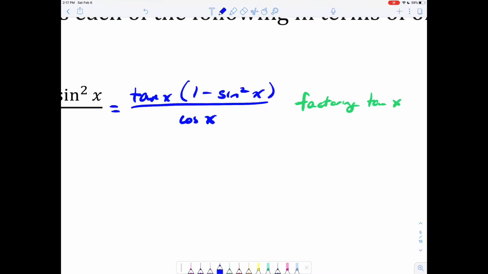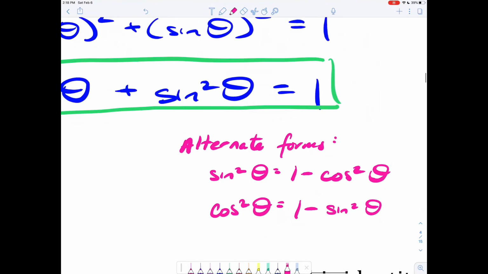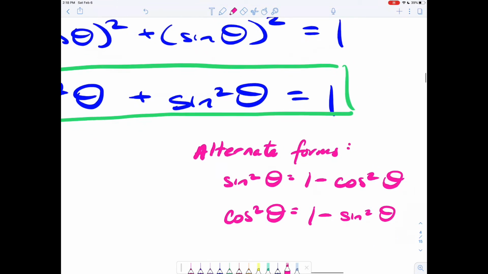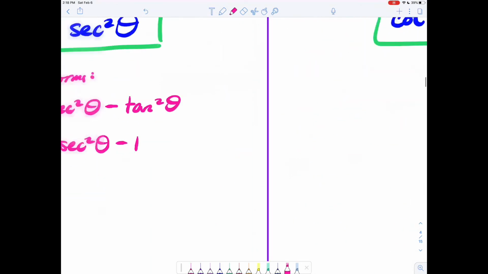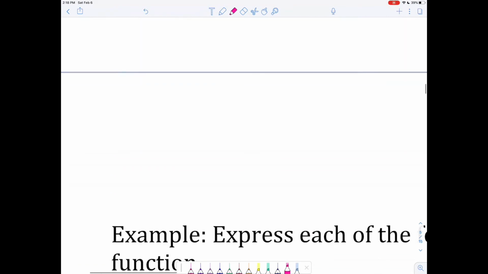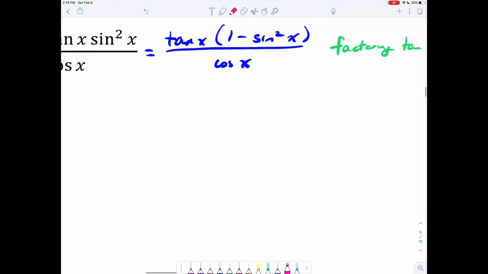What we would hope to recognize now is that we've got 1 minus sine squared x. And that is an alternate form, or it's a rearrangement or a manipulation of this first trig identity. There's a relationship between 1 minus sine squared x and cosine squared of x. So by that knowledge, I'm going to mess around with this some more.